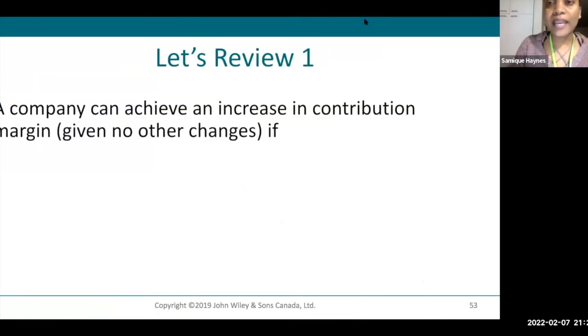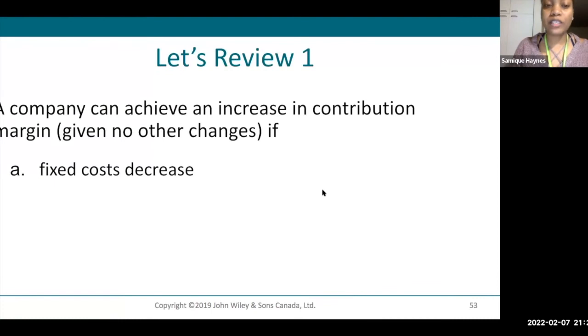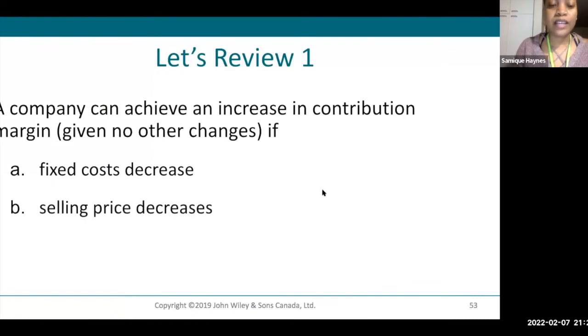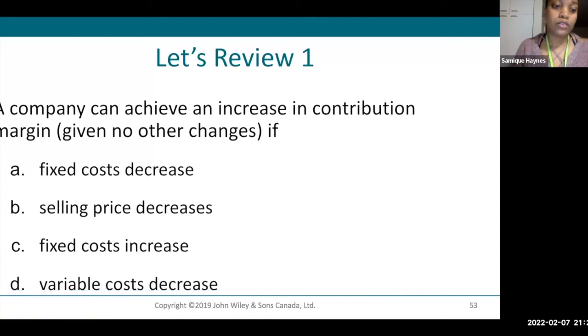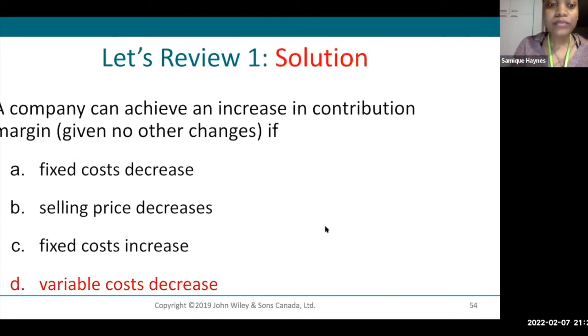So a company can achieve an increase in contribution margin if fixed cost decreases, selling price decreases, fixed cost increases, or variable cost decreases. What will cause our contribution margin to increase? I have fixed costs decreasing and variable cost decreasing. The answer is actually D, okay?